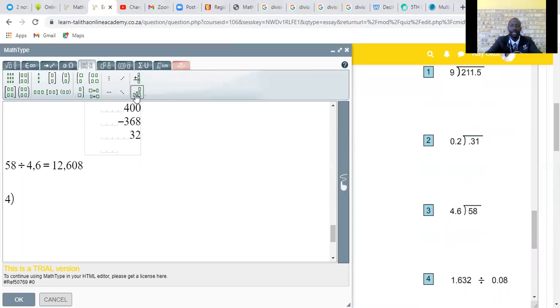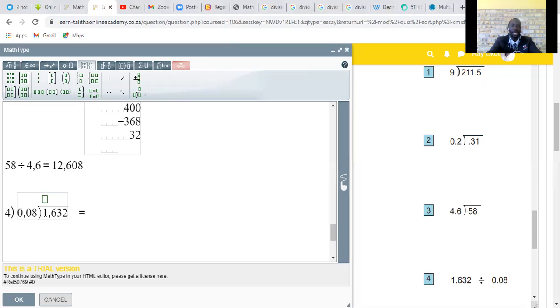What are we dividing? We are dividing 1.632 by 0.08. 0.08 is used to divide 1.632. As I indicated earlier on, the first thing is to move the decimal places a little bit away.